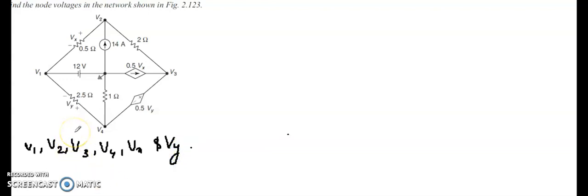By looking at the circuit, we have a 12 volt source between V1 and ground, and the negative of the 12 volt is connected to V1. So we can write V1 is equal to minus 12 volt. And we have Vx. Vx is between V1 and V2.